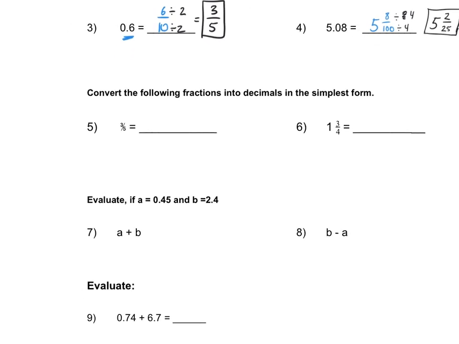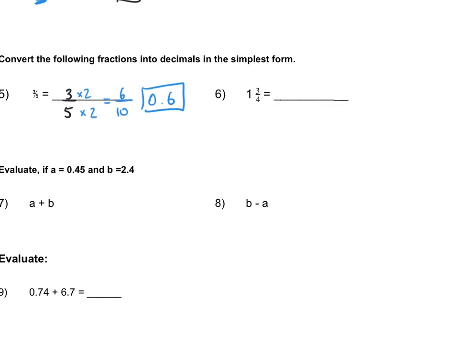Number 5, I'm going to convert this fraction 3/5 to a decimal. So I know I can get this to a denominator of 10. And I'm going to do the same on the top. Once I have it as a denominator of 10, I can write it like this as 6/10.